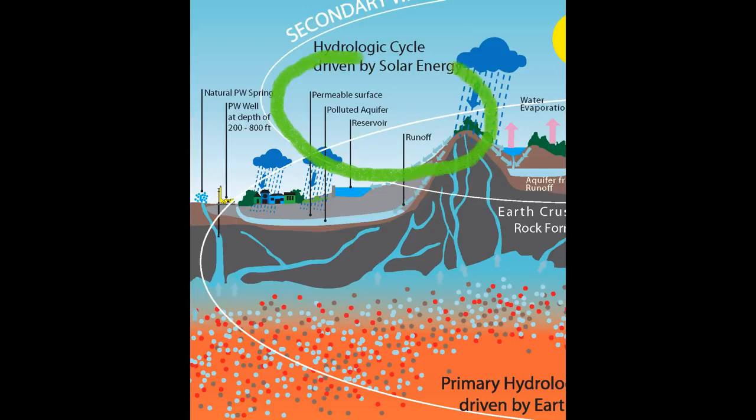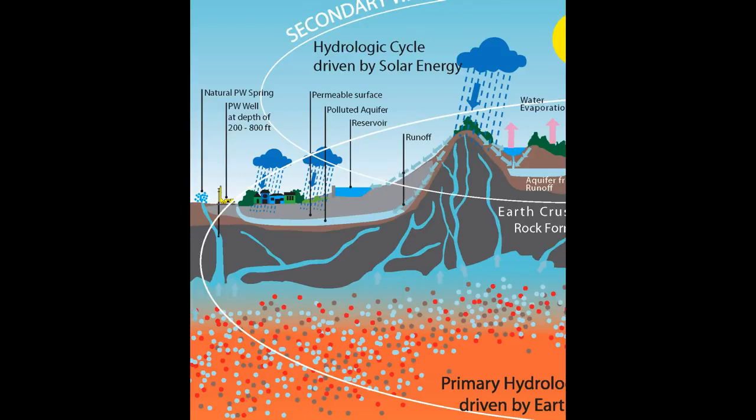Well, the runoff originates on the highest point. Any point that is higher than the lowest point will experience runoff. Well, that runoff could actually enter the reservoir, not the reservoir, but the runoff, that water, which is the polluted aquifer.